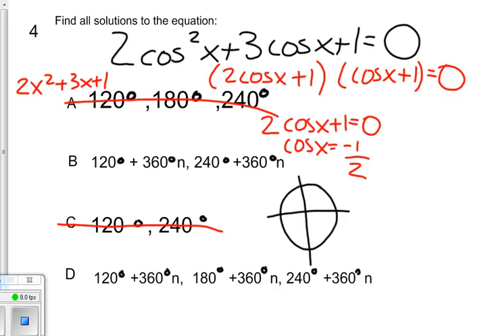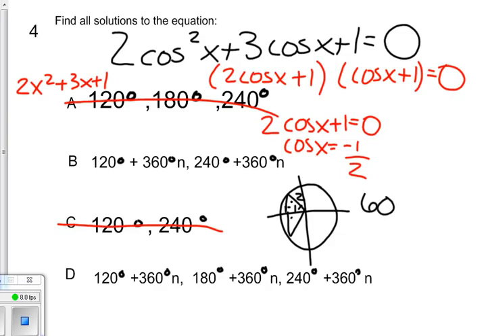Cosine's negative in 2 spots, right? Where is it negative? Second and third. So we draw a triangle there. And so it's adjacent over hypotenuse. So what degree measure is that? 60.